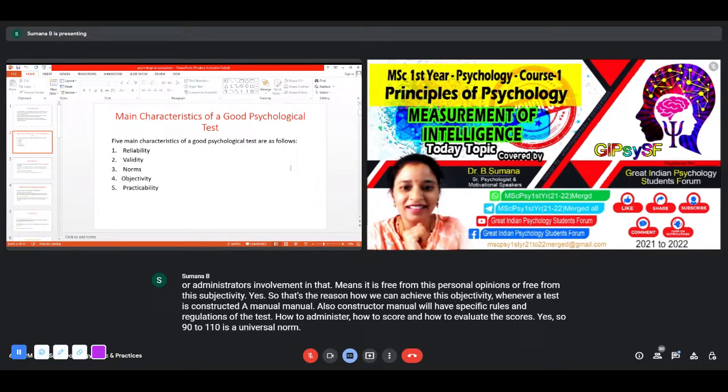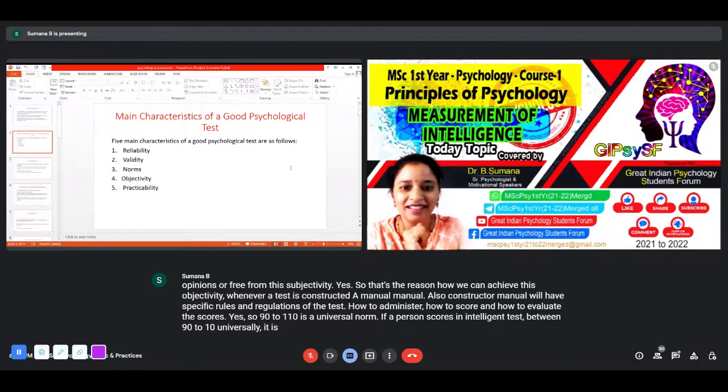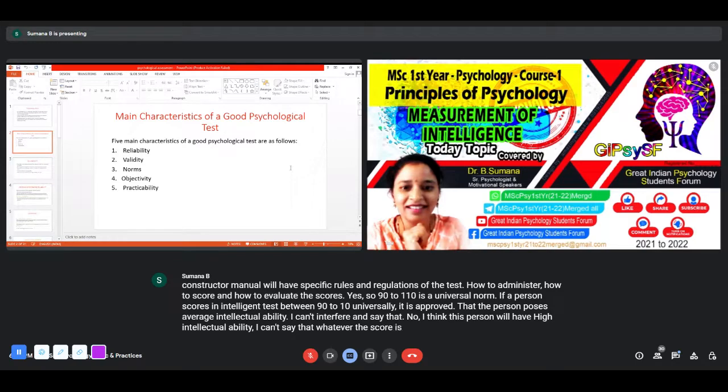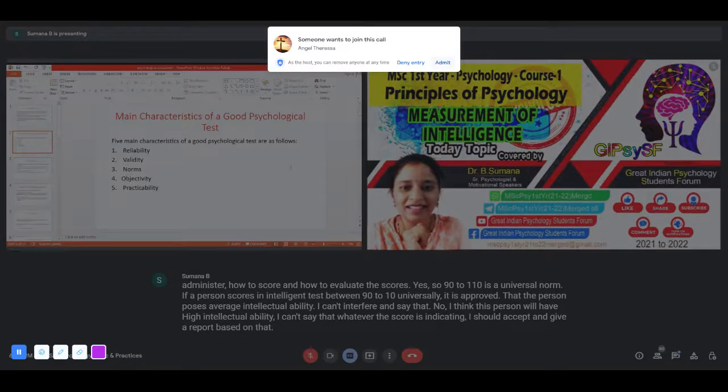If a person scores between 90 and 110 on an intelligence test, it is universally accepted that the person possesses average intellectual ability. I can't interfere and say that I think this person has high intellectual ability. Whatever the score indicates, I should accept and give a report based on that. That is objectivity.